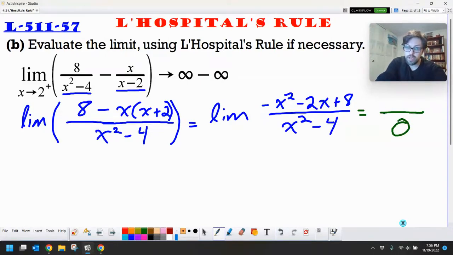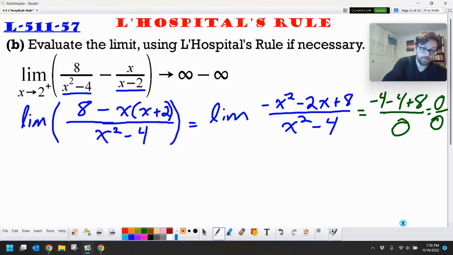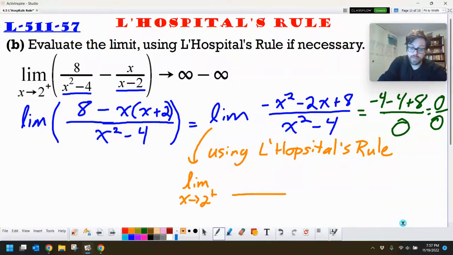And in the numerator, we'll get negative 4 minus 4 plus 8, which is 0. So it's 0 over 0, and we are set now to use L'Hopital's rule. Taking the derivative of that bottom first, that's just 2x. In the numerator, we get negative 2x minus 2.